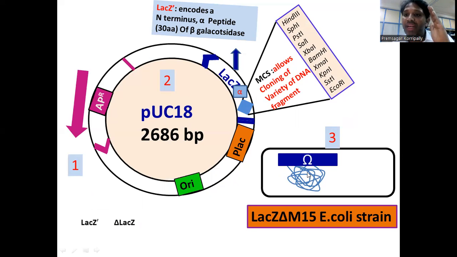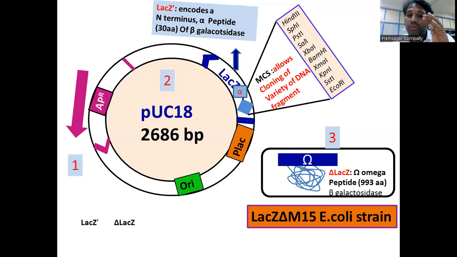So one part, the N-terminal alpha peptide encoding region, is present in the pUC18 vector, and the remaining LacZ region, the mutated LacZ omega region, is an encoding region present in the E. coli genome, right?